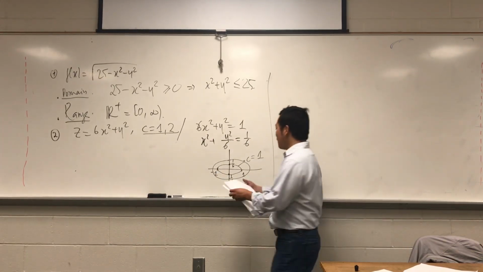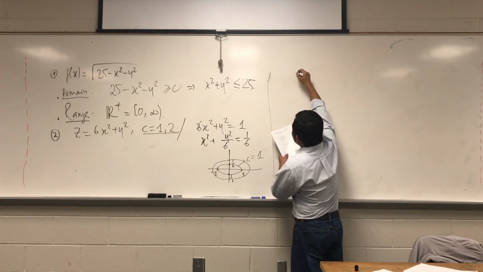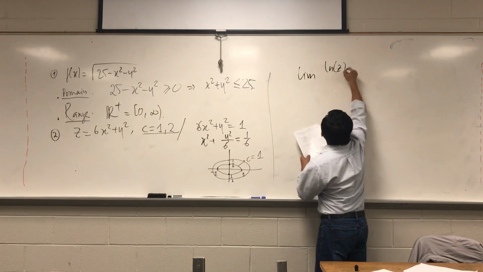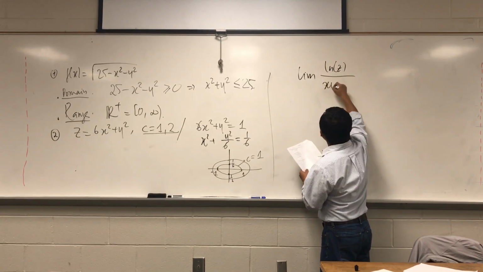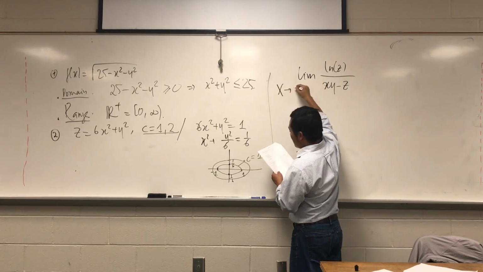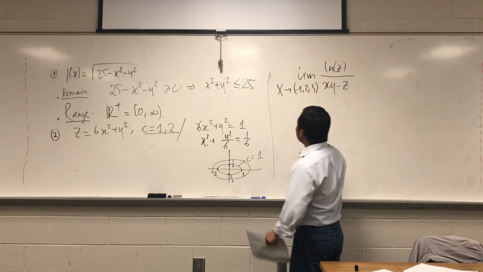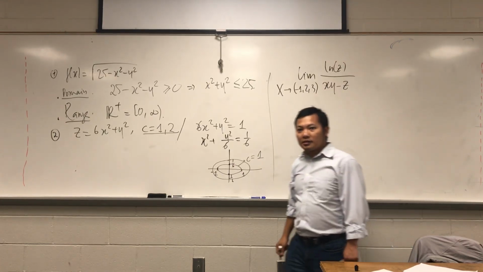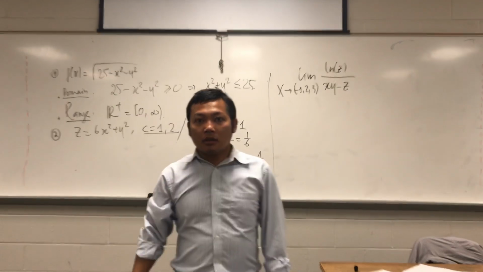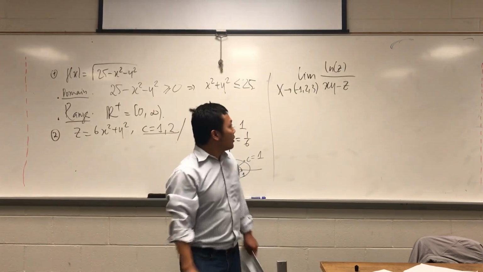All right, next problem. Find the limit if it exists. The limit, let's see if we have enough time for that. Then the function with z, xy minus z, and in short, (x, y, z) goes to (-1, 2, 3). Is it good? Okay.